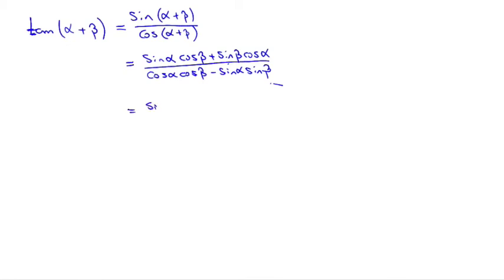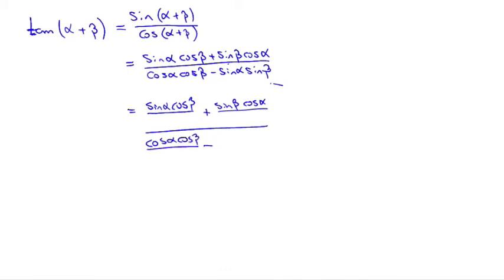So I'm going to write sine of alpha cosine of beta over something, plus sine of beta cosine of alpha over something. And then cosine of alpha cosine of beta over something, minus sine alpha sine beta over something. Now I just got to choose what to divide by. Ooh, a complex fraction. We're going to create a complex fraction out of this mess.